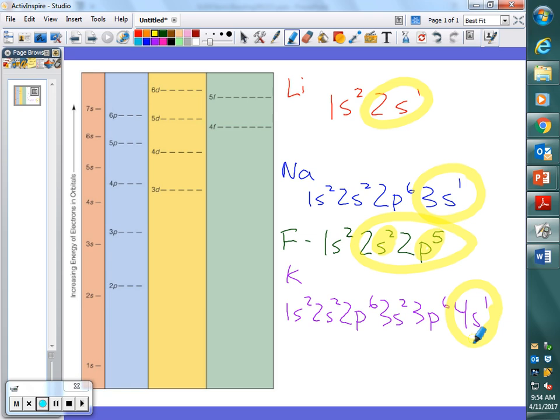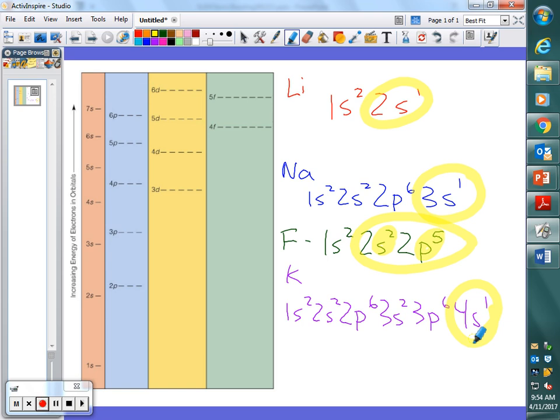Fluorine has 7 valence electrons. Is that good? Does that make sense? It's not just the highest orbitals we have written, it's the highest energy level. In fluorine, 2 is the highest energy level. That means it has 7 valence electrons. Good there?